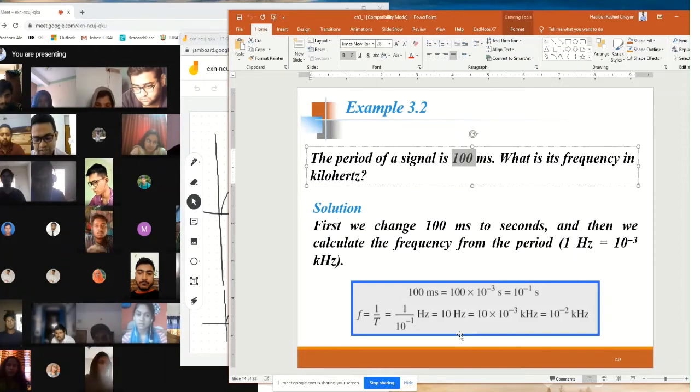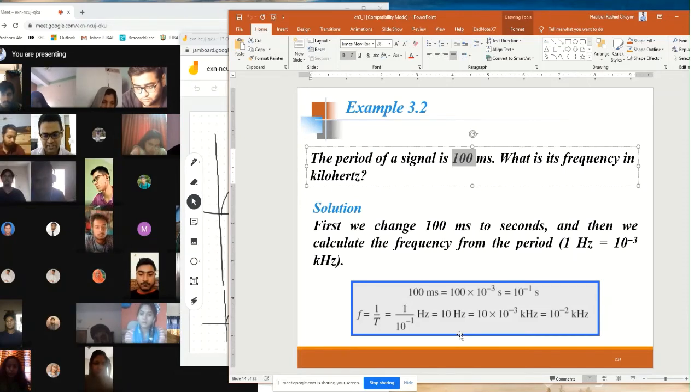For example, if you have 1 gram and I ask you to convert it into kilogram, what you are going to do, you have to divide it, right? You have to divide by 1000 from gram to kilogram, because you are converting from smaller unit to the bigger unit. So please remember this theory.